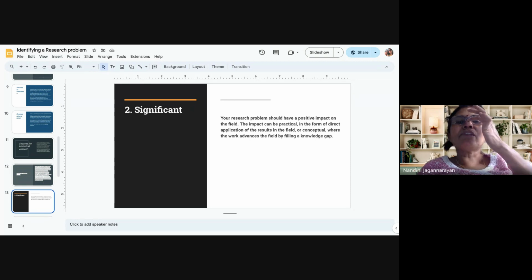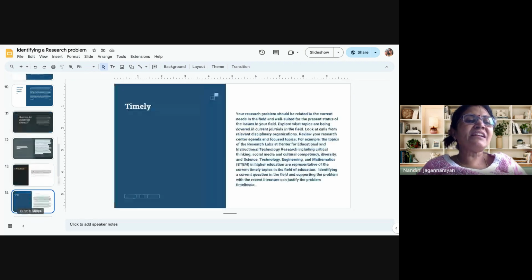So when you say it has to be very significant, whatever you research should be usable by all, should be generalizable, and it should be a timely problem. For example, after the metro comes, you say bus is the easiest way. If you started your research 10 years back and now come up with findings, it is not going to help. So you need timely research. Start now, finish it early.